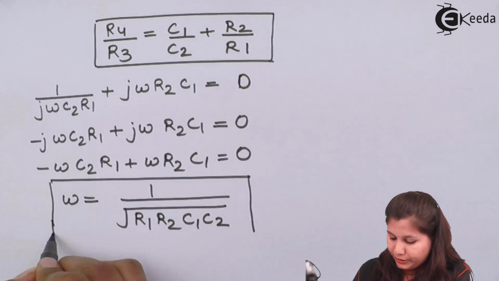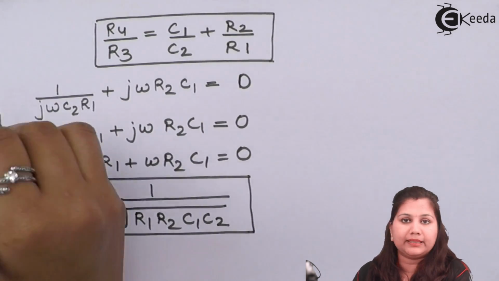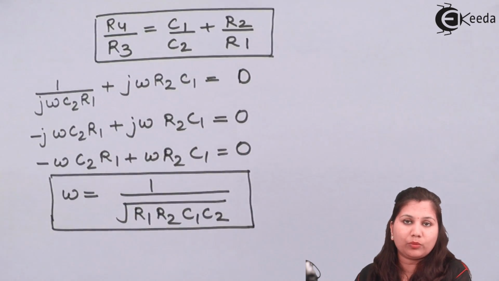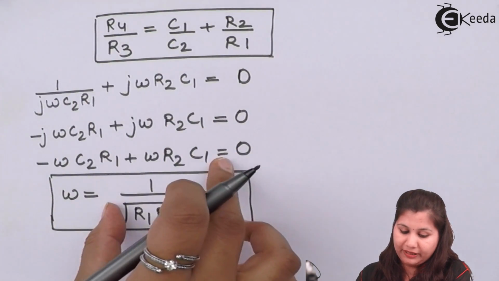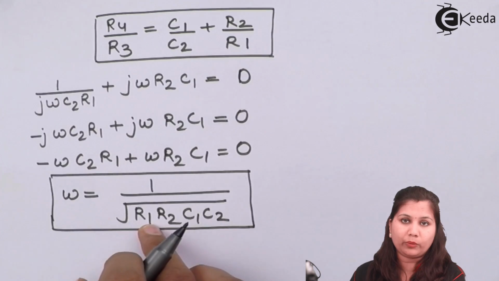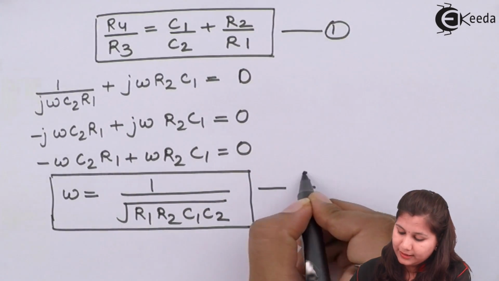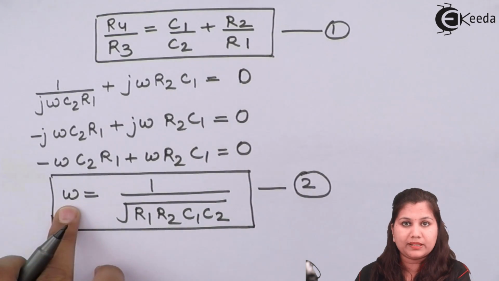Omega is the frequency, and we have measured the frequency by this Wien's bridge. We equated the impedances Z1 Z4 equals Z2 Z3, and when simplifying we got these two equations. This is our first equation, this is our second equation. Now this is our angular frequency, omega.